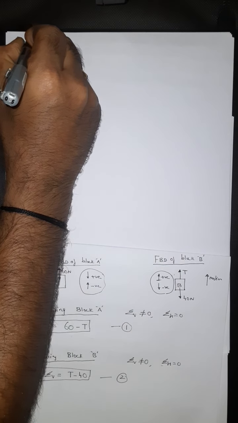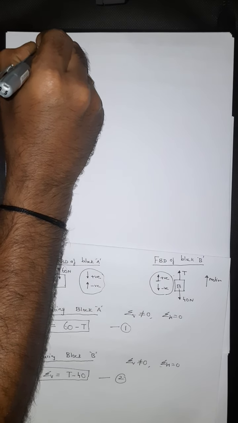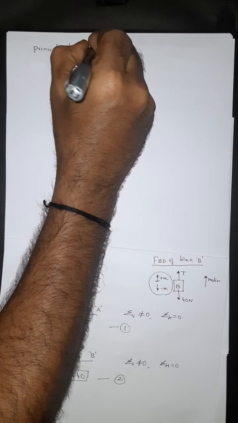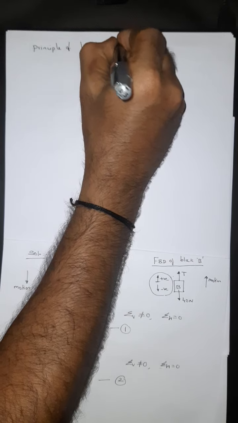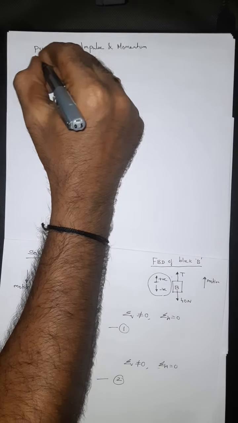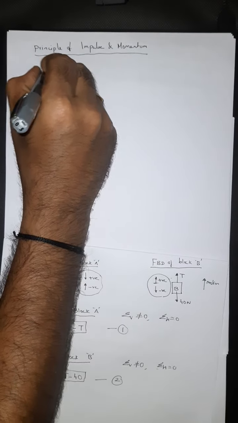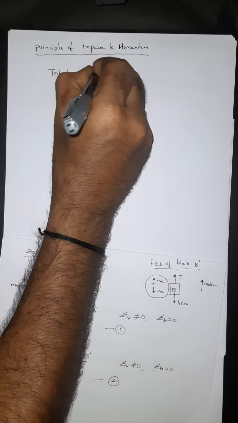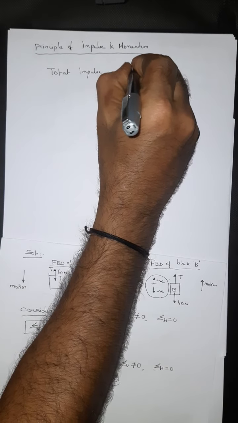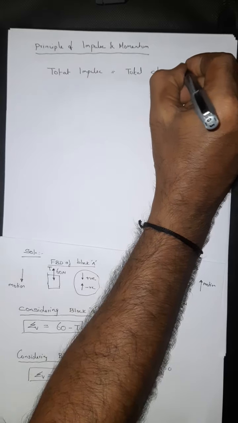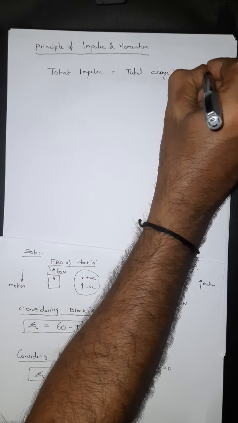By using the principle of impulse and momentum, total impulse equal to total change in momentum.